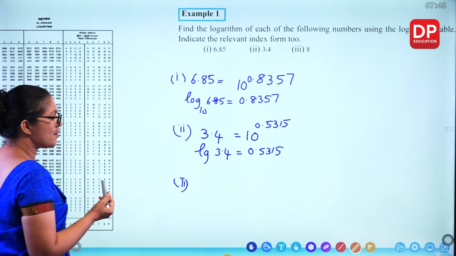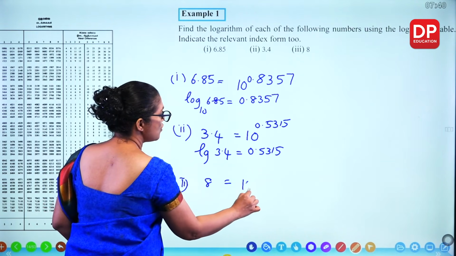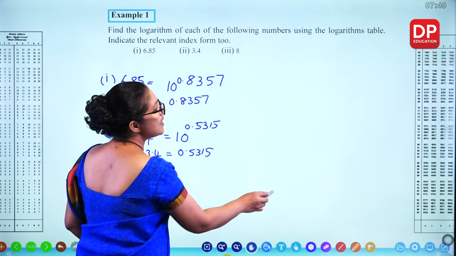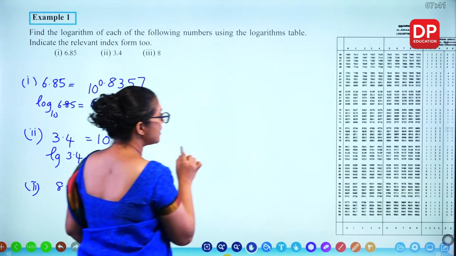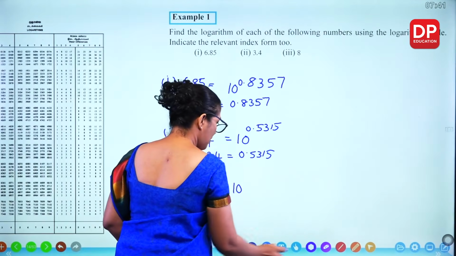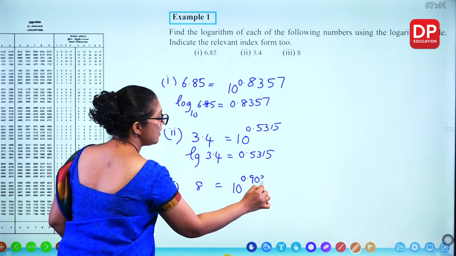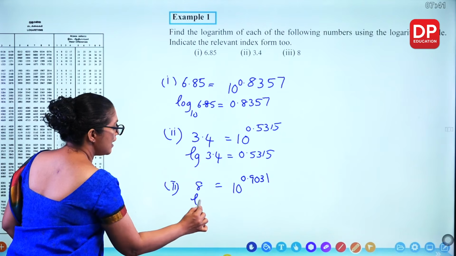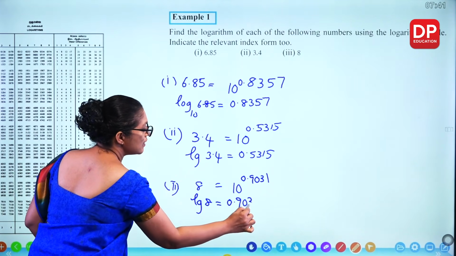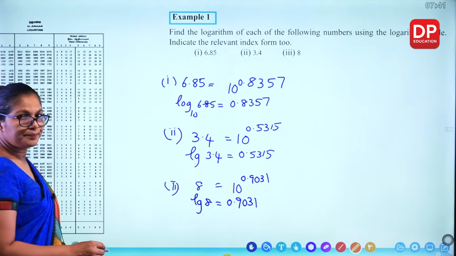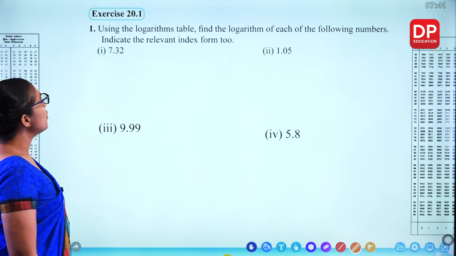So 8 is equal to 10 to the power 0.9031. So LG 8 is equal to 0.9031.